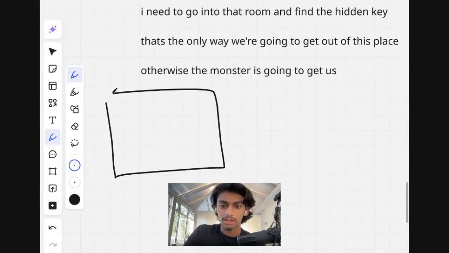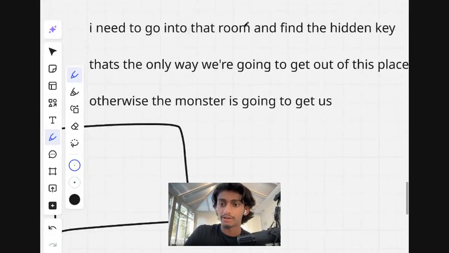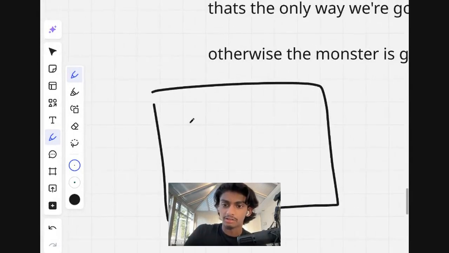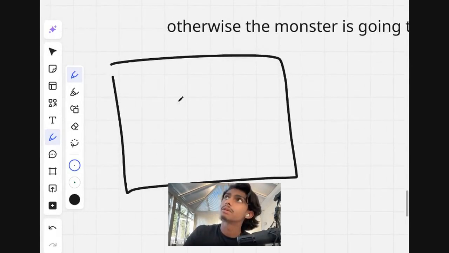It would usually look like this, where I just draw a rough screen, and I'm thinking, okay, I need to go into the room and find the hidden key. So maybe I have 2 or 3 different scenes showing where the key could be.